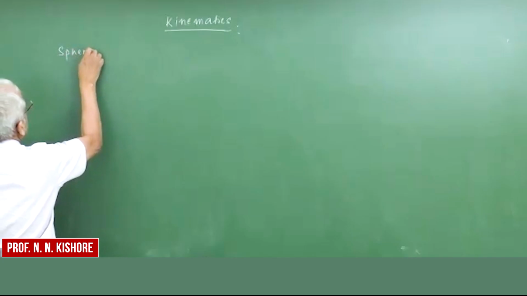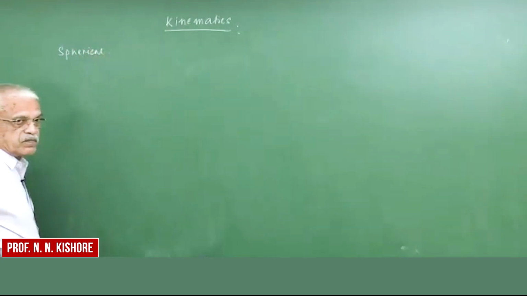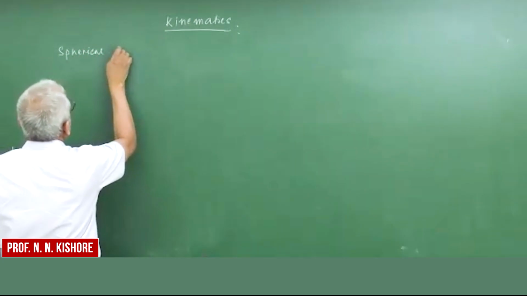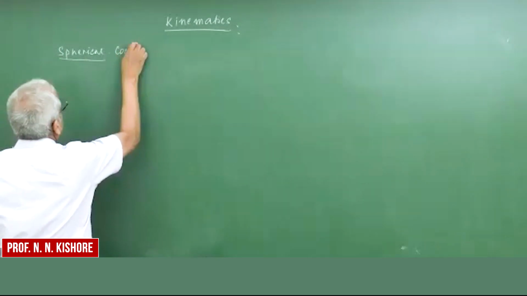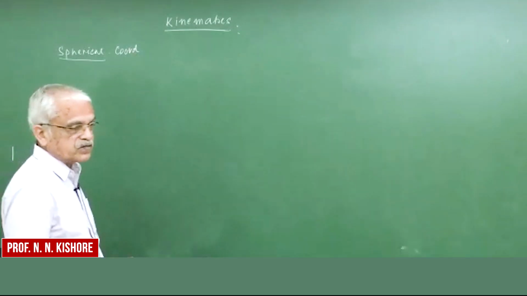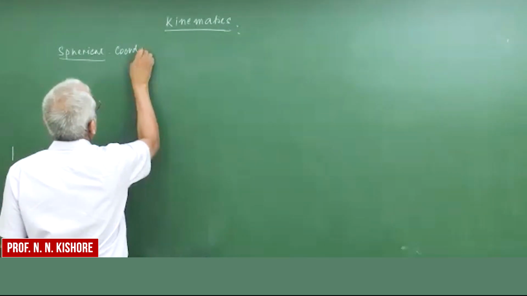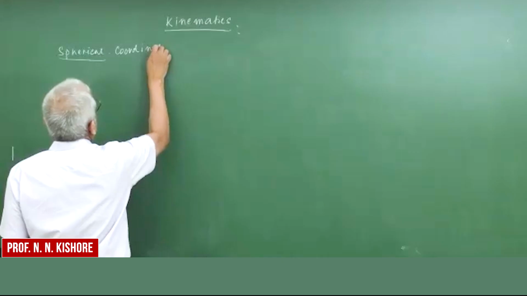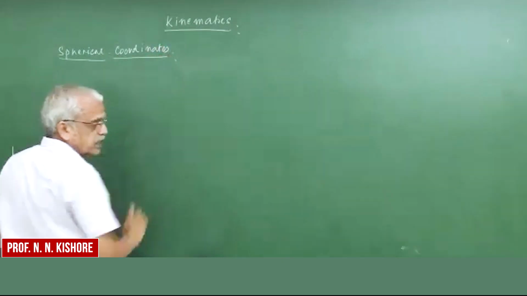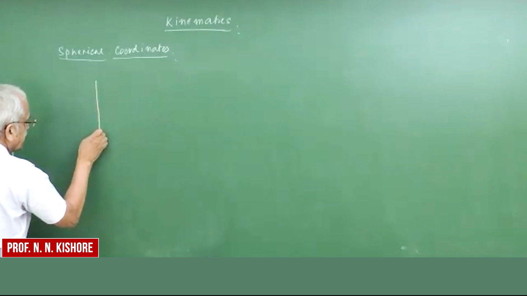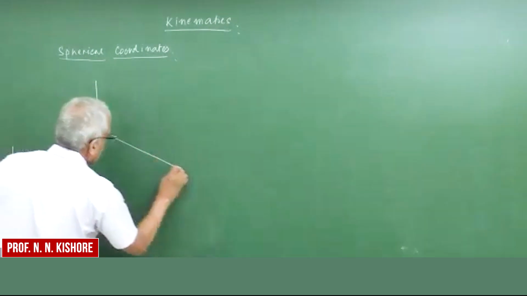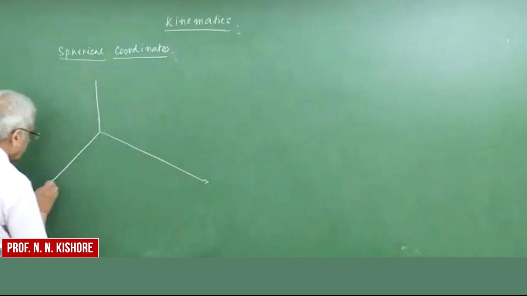How we express the position vector and how we derive velocities and acceleration. Last time I think I told you how to do that. I showed you a slide also.